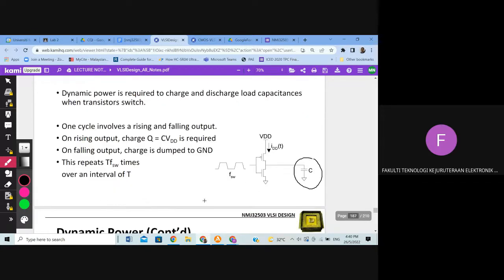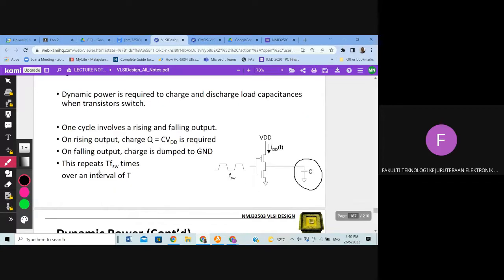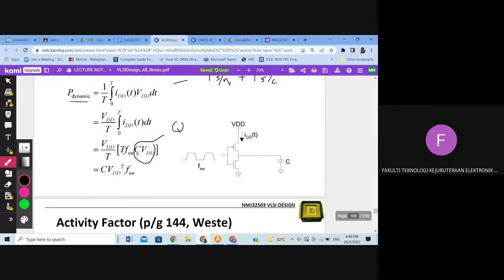TSFW is the time multiplied with F switching. And then you substitute this.